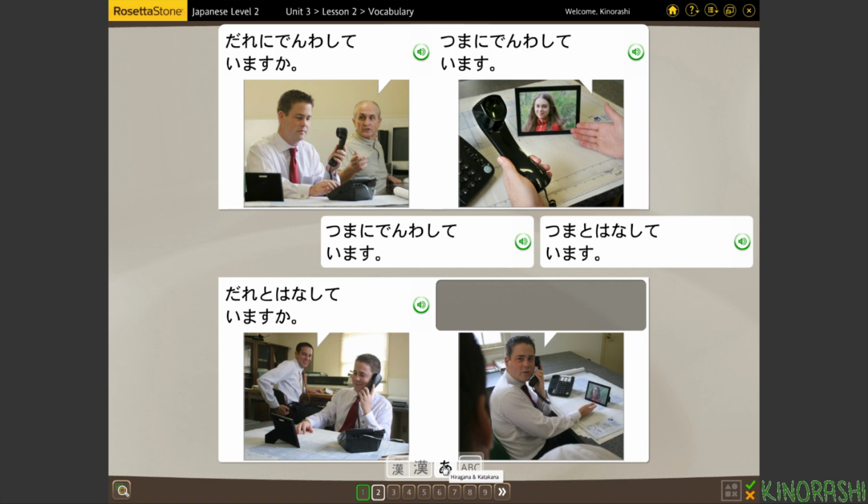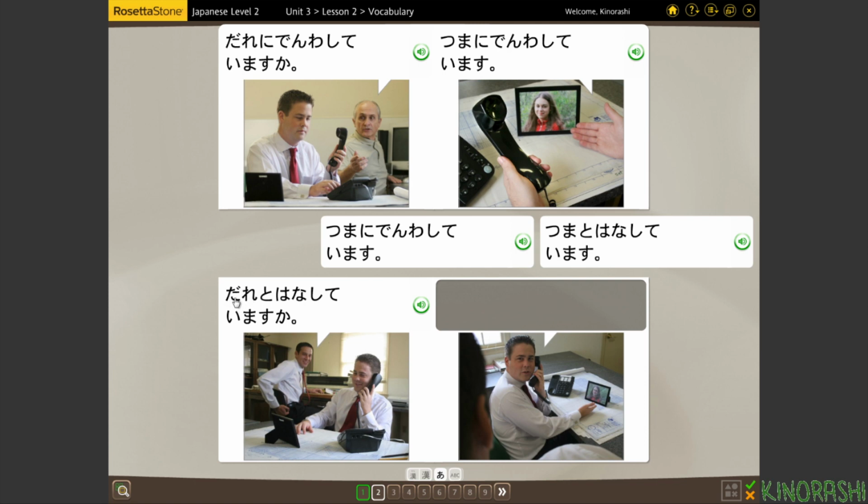誰と話していますか? Now, if you remember when you add to with a noun or something that can be used like a noun, like in this case, who, so the who, the person is the noun, so to speak.